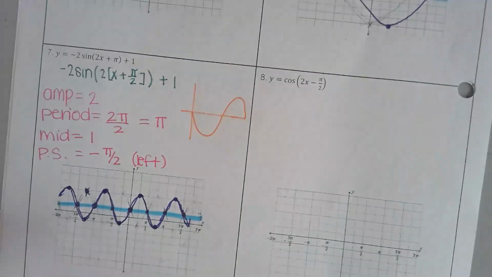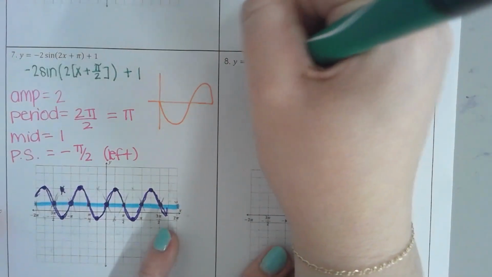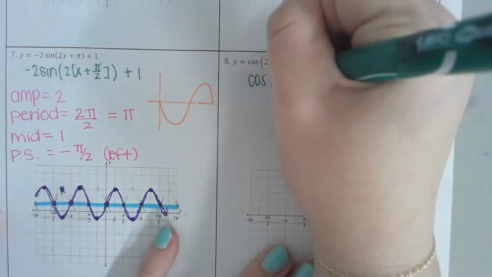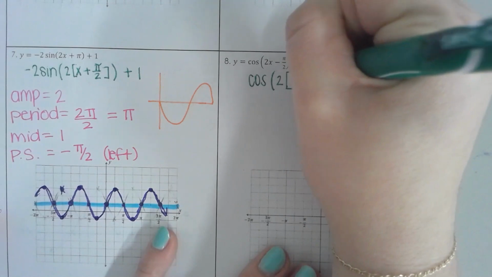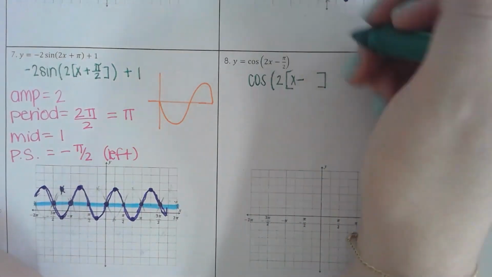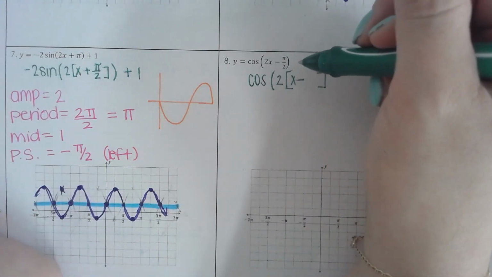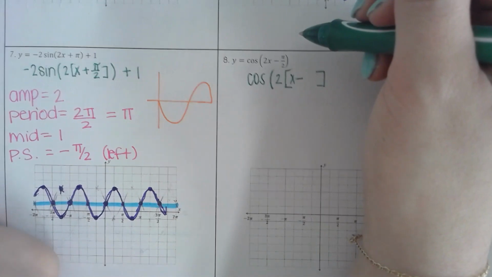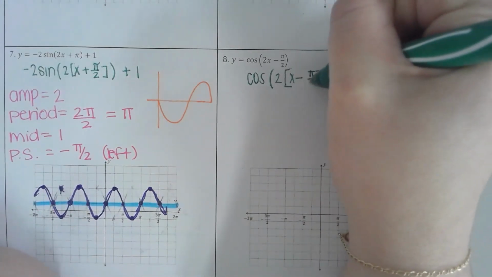Last one we're going to graph. So this would be cosine. Gonna have to factor out that 2. It's going to be x minus, if you're dividing by 2, it's the same thing as multiplying by 1/2. So it's going to be pi over 4.